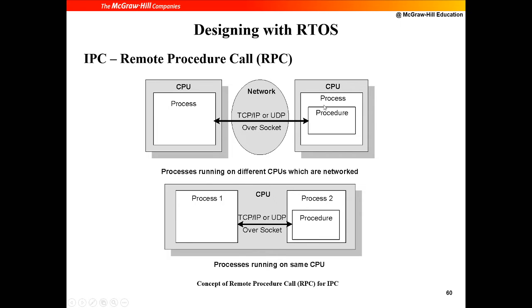The other CPU has a process, and that process has a procedure, meaning a function. You want to invoke a function that is in another CPU. So this process will do a remote invocation to this procedure. Through the network, you can imagine you're accessing a remote database from your current web application, right?